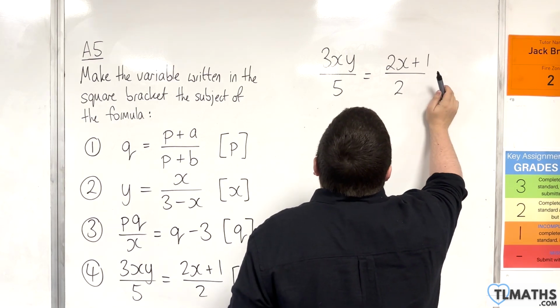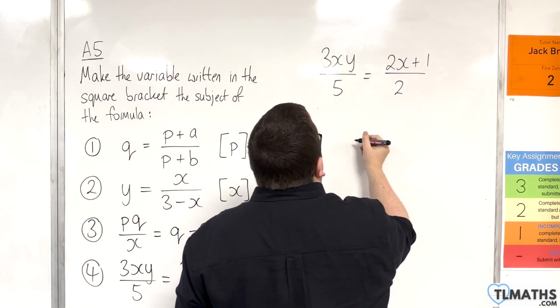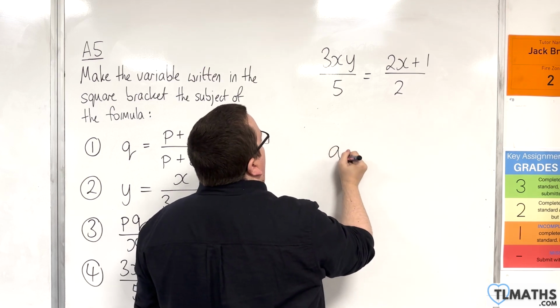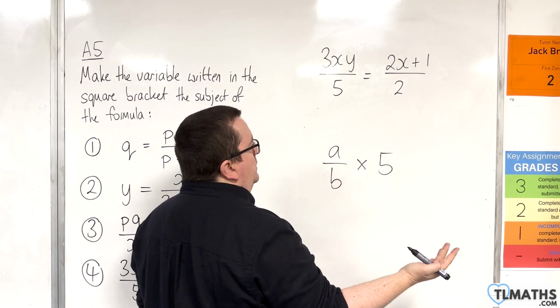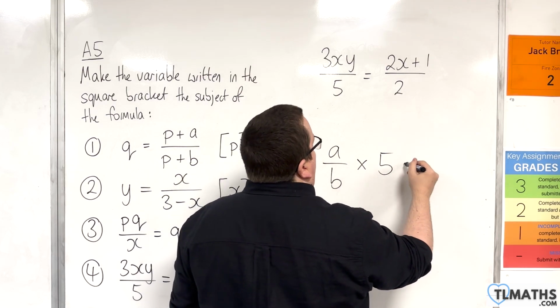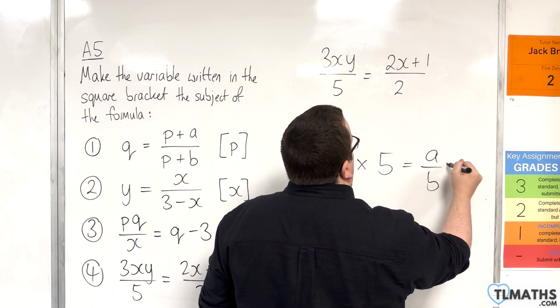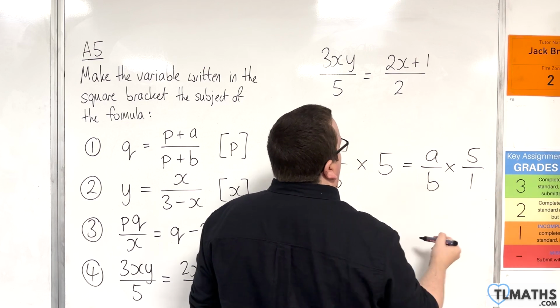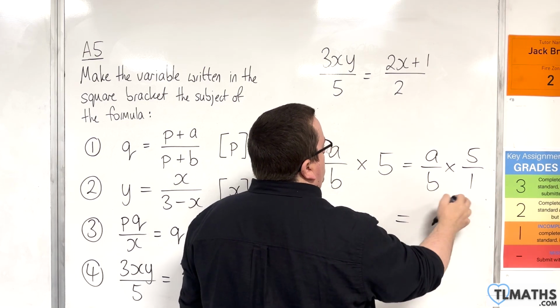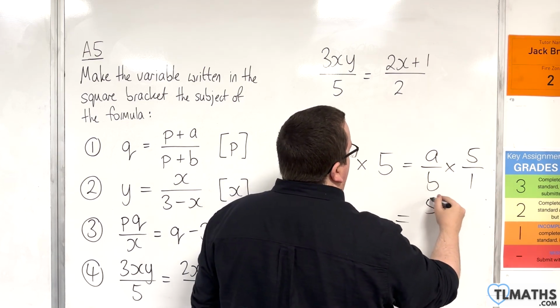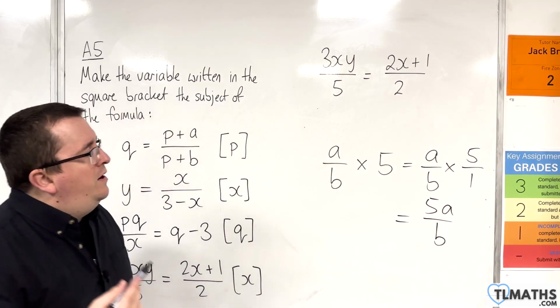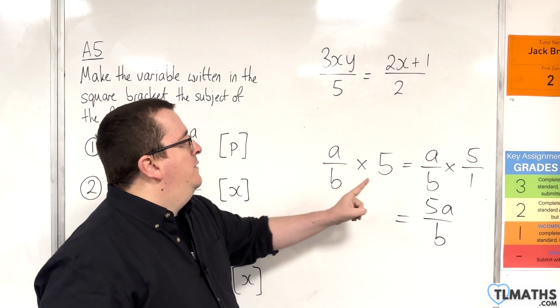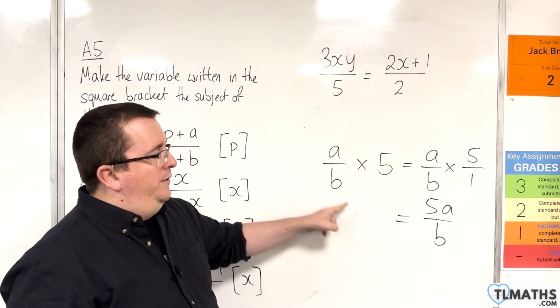Now, when I do that, remember when you multiply a fraction, so if you've got some fraction a over b and you want to multiply that by 5, 5 is the same as 5 over 1. And when you multiply two fractions together, we're going to get a times 5, so 5a over b times 1. So you can see that when I multiply a fraction by 5, it only affects the numerator.